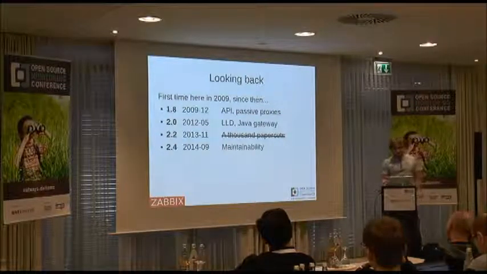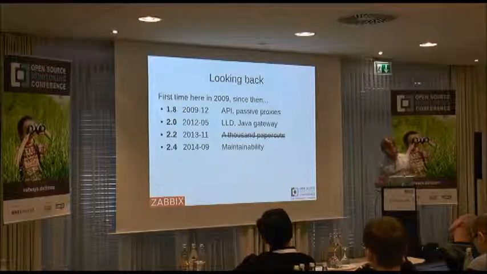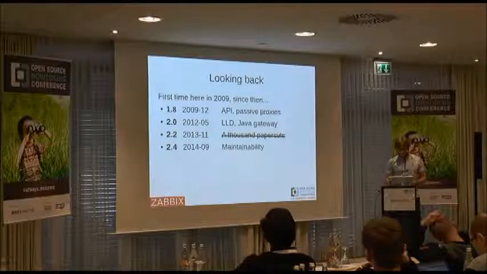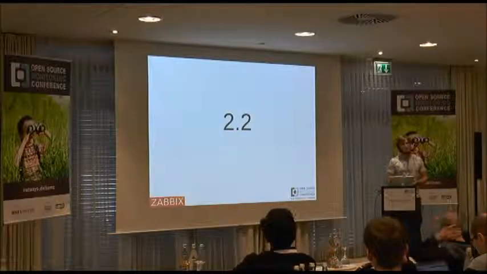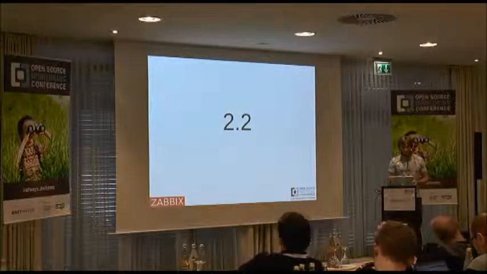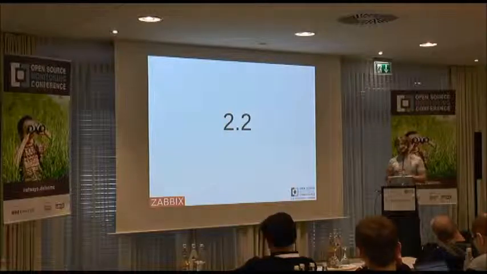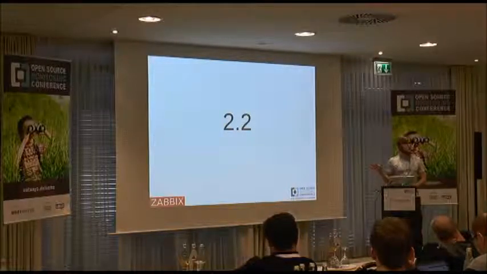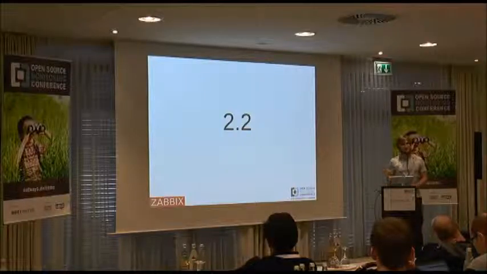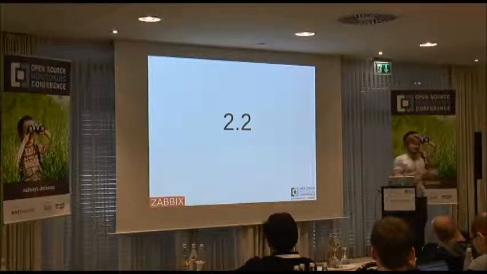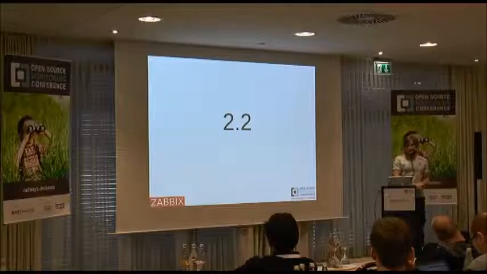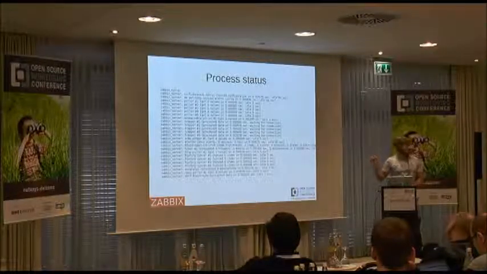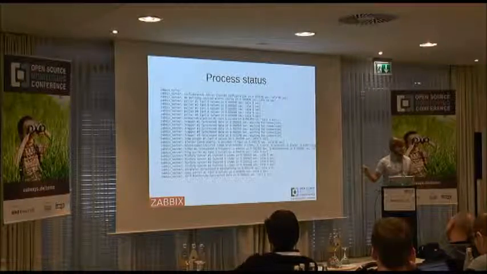Given that I promised to talk a bit more about the improvements during the last 2 years, I'll start with more details on 2.2. And as I mentioned, not all of these features that I will try to show you would appeal to the more management type people. But it's a really minor thing which many users will not even see if they're only looking at the graphs in Zabbix.